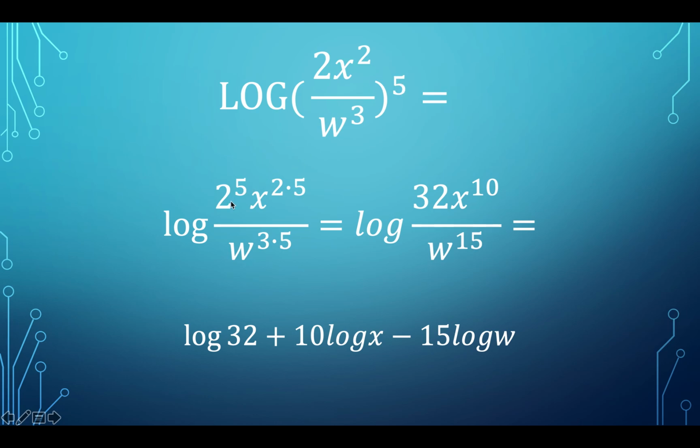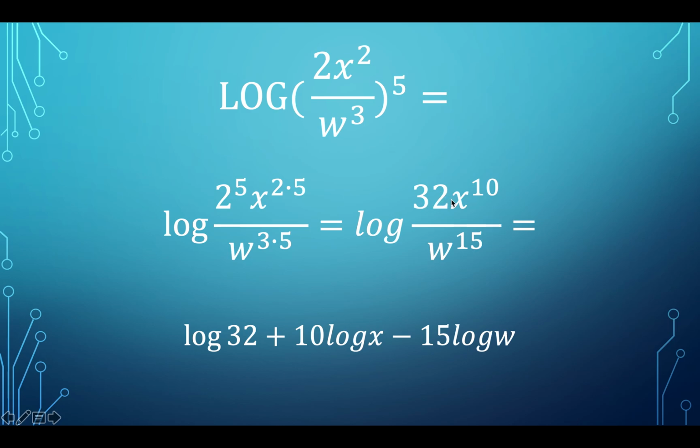So we're going to do 2 to the fifth times x to the 2 times 5 power divided by w to the 3 times 5 power. That simplifies down to log 32 x to the 10 over w to the 15.